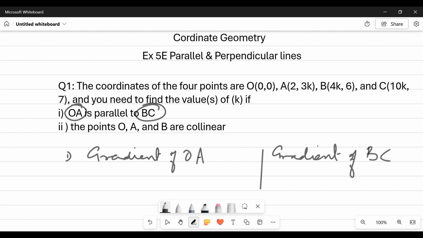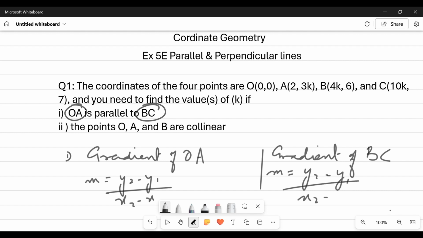So the formula is y2 minus y1 over x2 minus x1. I'm doing both things side by side.